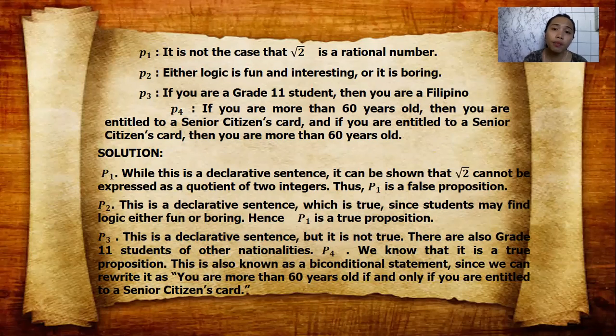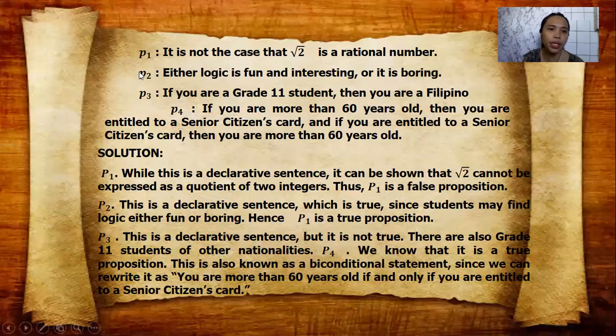In identifying its truth value, it is false, because a rational number is a quotient of two integers, and square root of 2 cannot be expressed as the quotient of two integers. So your P sub 1 is a false proposition.